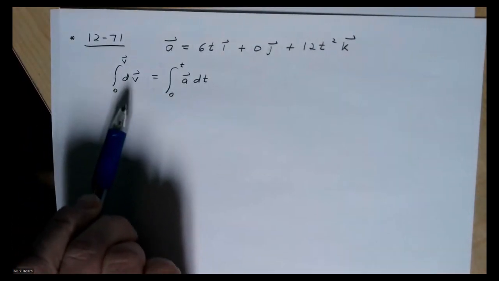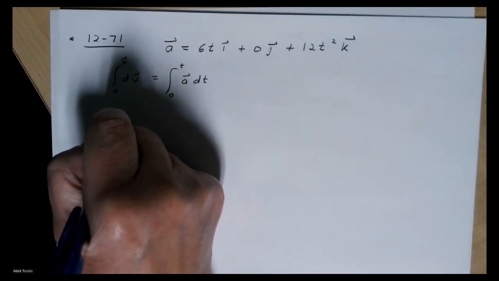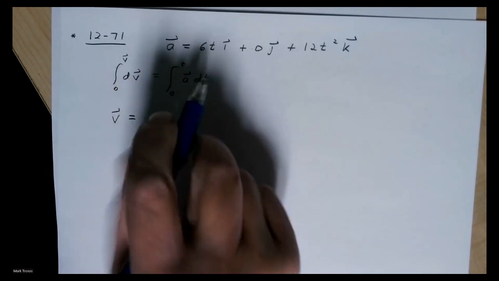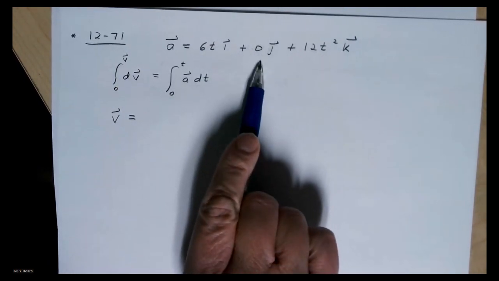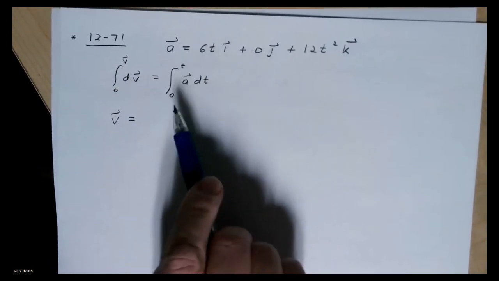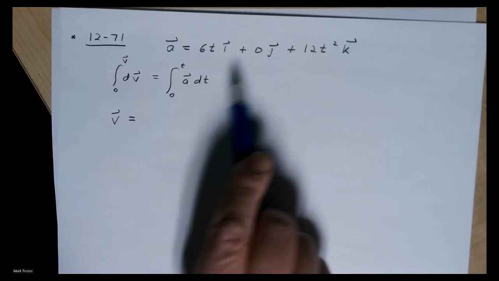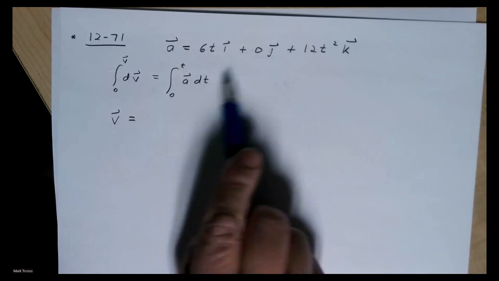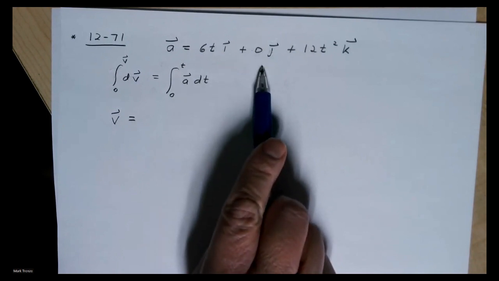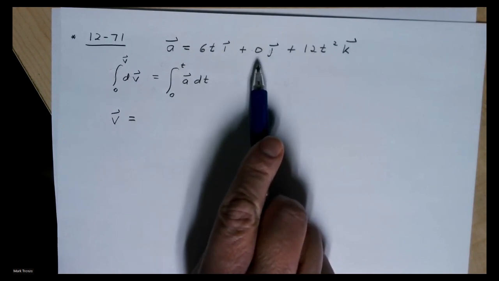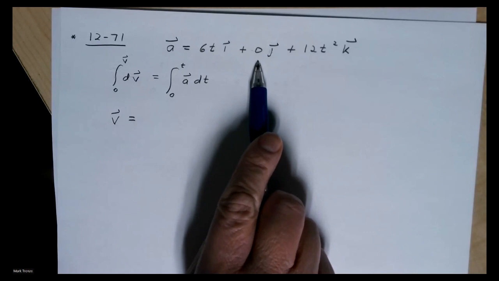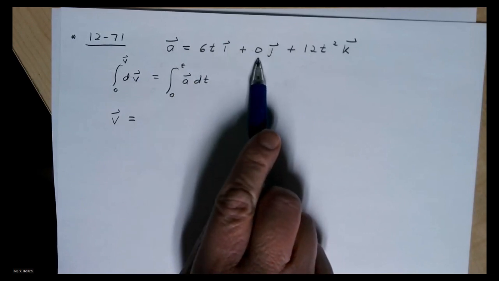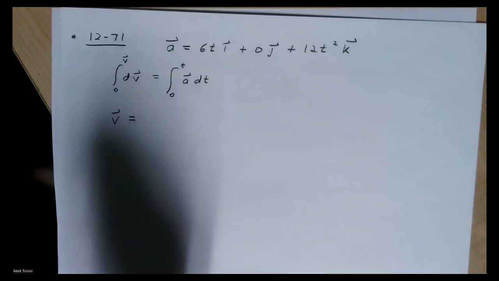So over here, when we integrate this, we're just going to get v. The one thing to keep in mind, whenever you're integrating 0 and you have bounds, this will end up just being 0 again.